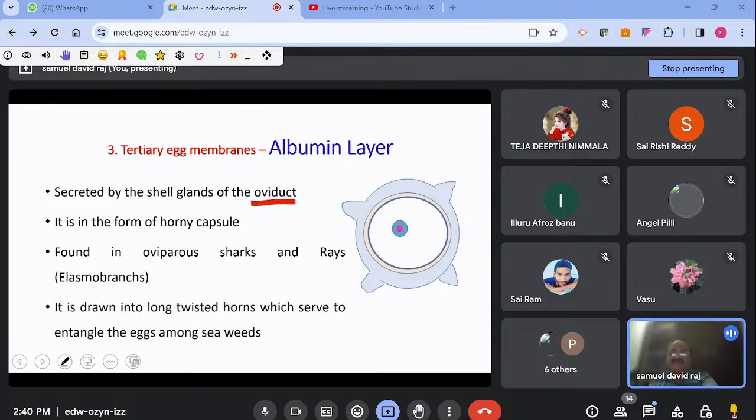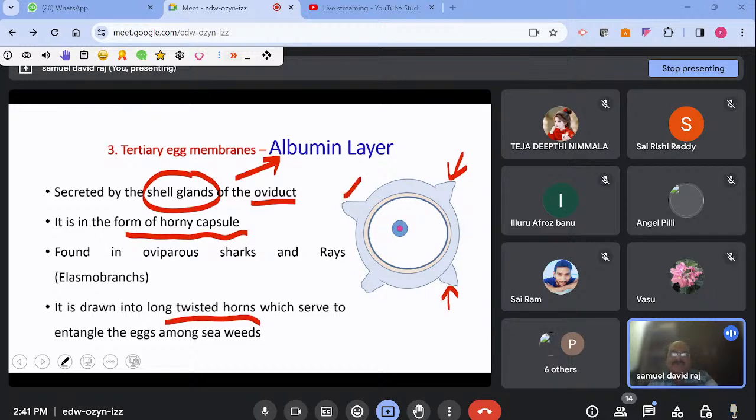The oviduct has shell glands, and these shell glands secrete the albumin layer. It has certain horn-like projecting structures, in the form of a hard, thick membrane around it, and hence we say that it is in the form of a horny capsule. It is drawn into long twisted horns.